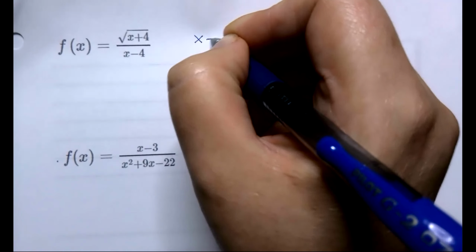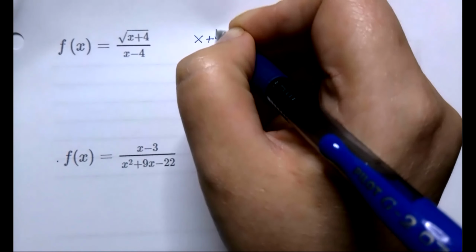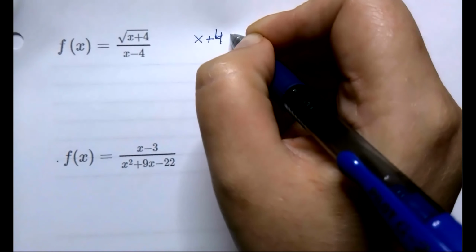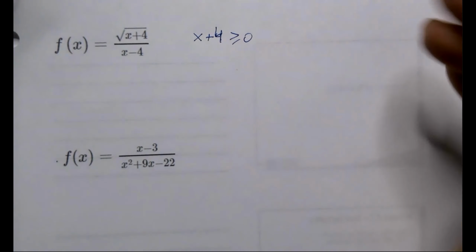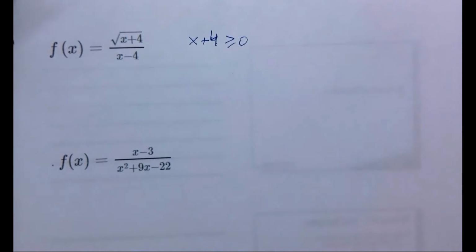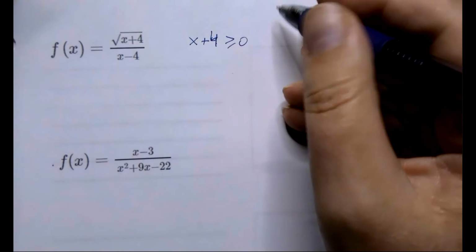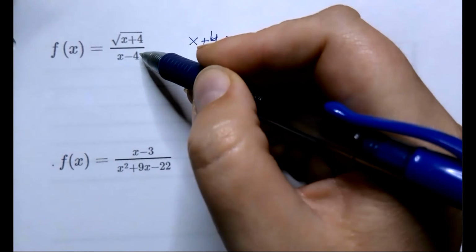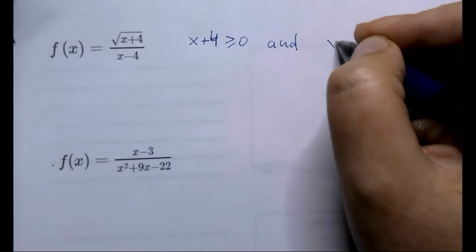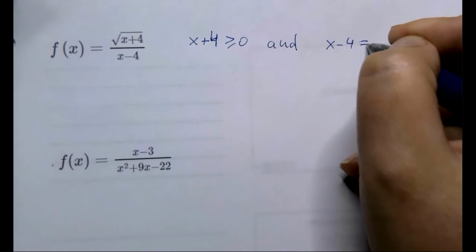So under the square root, we have x plus 4, and that should be greater or equal to 0. It's okay if it's equal to 0, but it should not be negative. So it should be greater or equal. And at the same time, we have the denominator that should not be equal to 0.